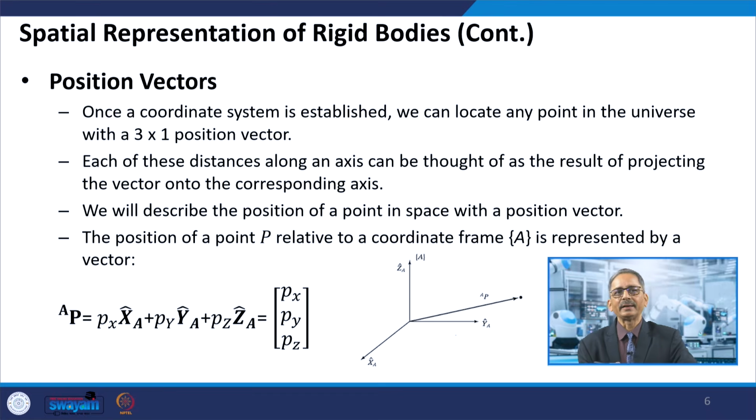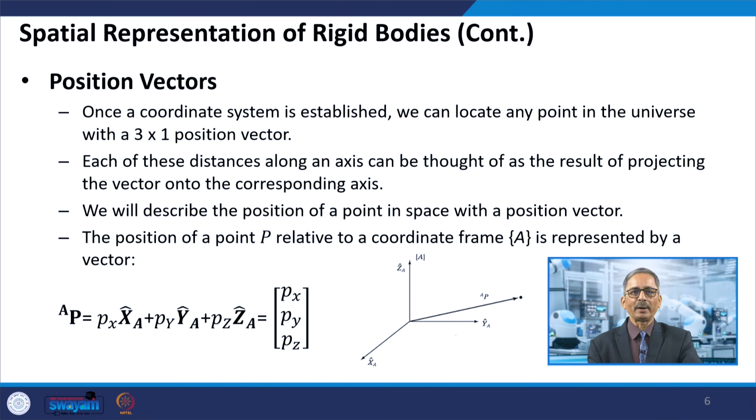Now, let us come to the position vector. How do we represent the position of an object? As I said, once a coordinate system is established, we can locate any point in the universe with the help of a 3 cross 1 position vector, that is 3 rows 1 column.